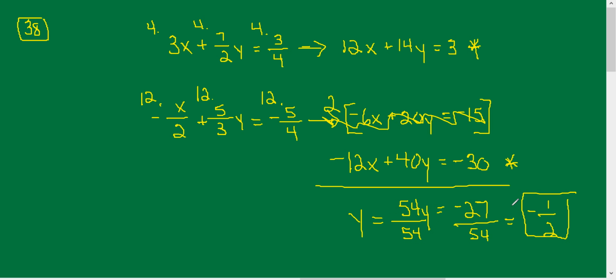So I could take this and bring it over to one of the original equations, and plug it in, since we just multiplied everything by 4, not changing the problem. Or I could plug it in here, which might be a little more exciting.